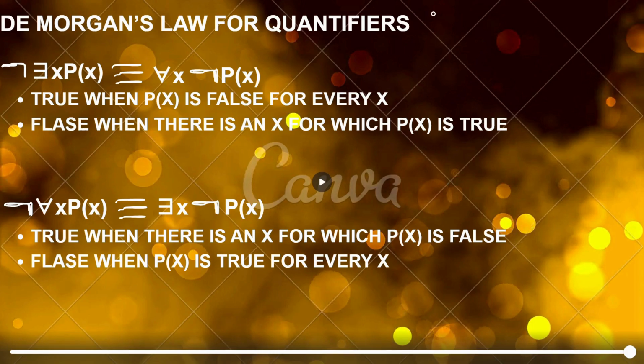The second one is the negated universal quantifier, which becomes existential x, not P(x). It is true when there is an x for which P(x) is false, and false when P(x) is true for every x. So these are all of De Morgan's laws for quantifiers.